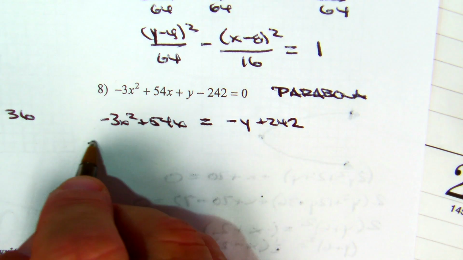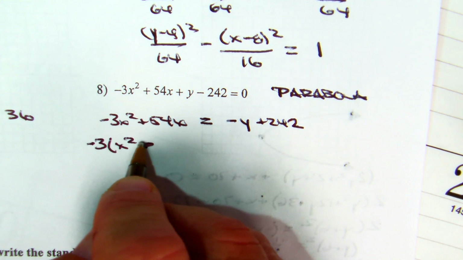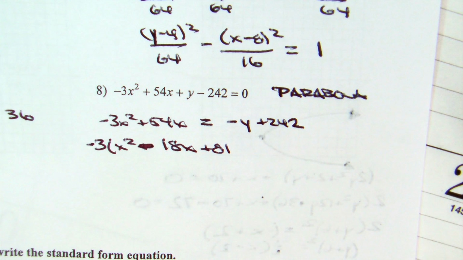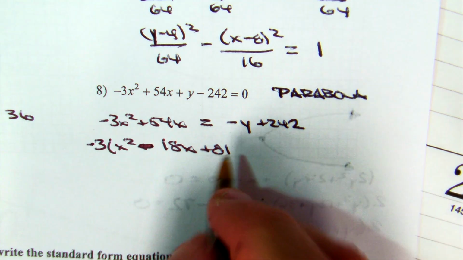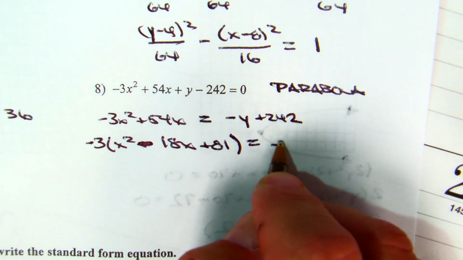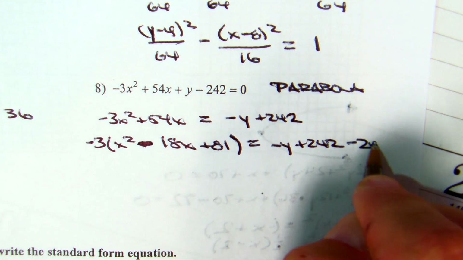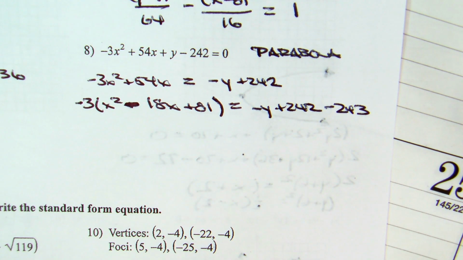I'm then going to pull out the negative 3. That's going to give me x squared minus 18x plus 81 equals negative y plus 242 minus 243. All good?